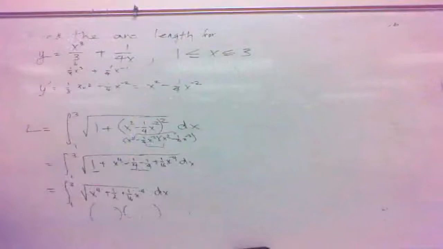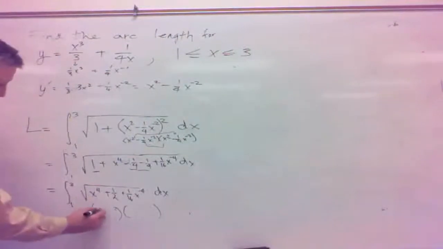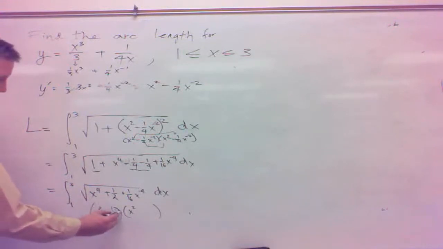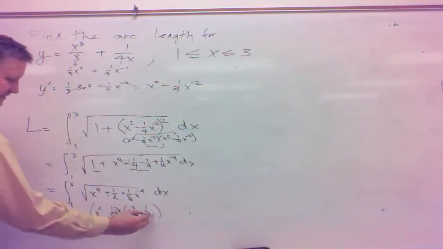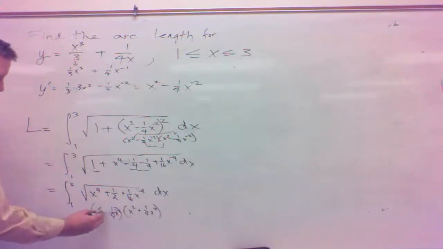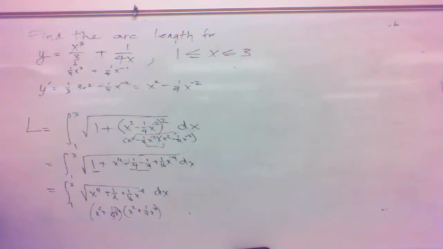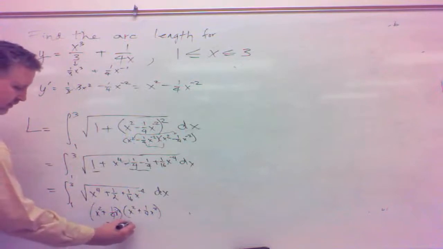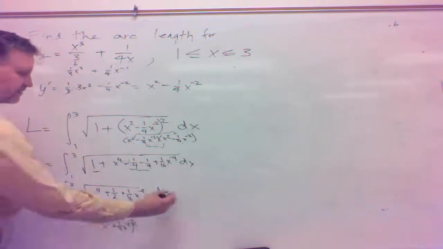Want to guess? x to the fourth is easy. That's x squared, x squared. And then 1/16 x to the minus 4. Try this: 1/4 x to the minus 2, 1/4 x to the minus 2. Add those up. Pull that out. So this turns into x squared plus 1/4 x to the minus 2, squared. That's pretty nice, isn't it?